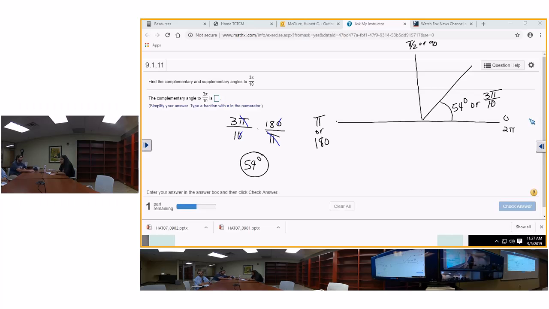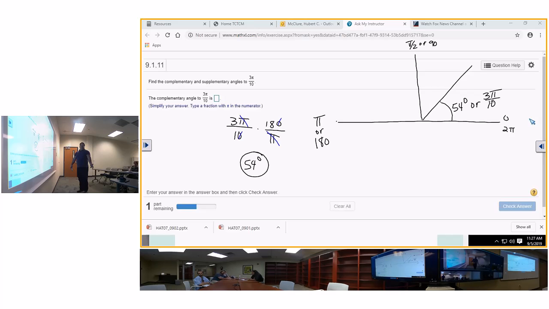So you need to figure out what the other angle is. You can do it 2 different ways. You can say 90 minus 54 degrees, and that's equal to 36 degrees. Y'all check me? Or you can say pi over 2 minus 3 pi over 10.